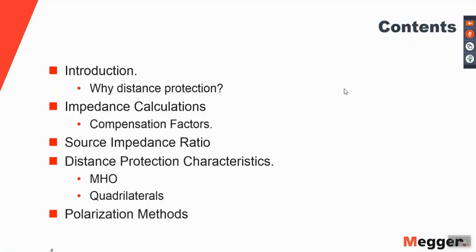And then we will talk a little bit about polarization methods used for the supervision and the calculation of the characteristics of the distance protection, and then we will introduce protection schemes used with distance protection systems.